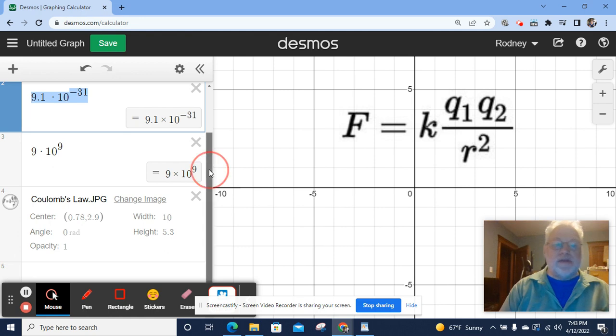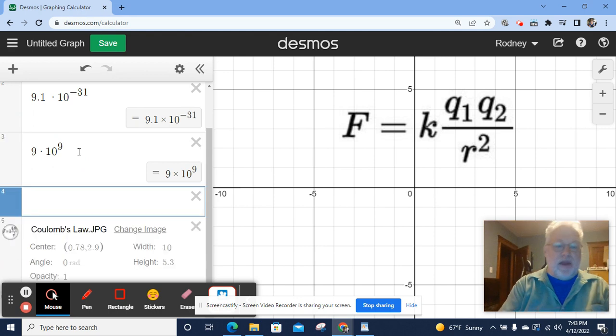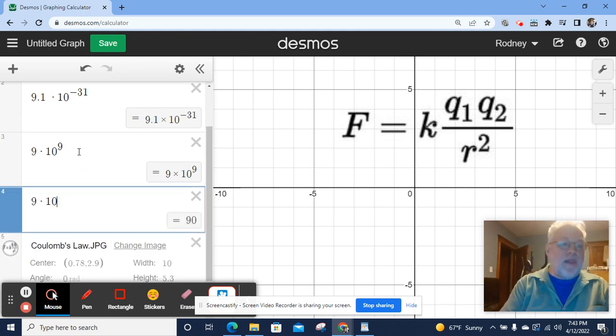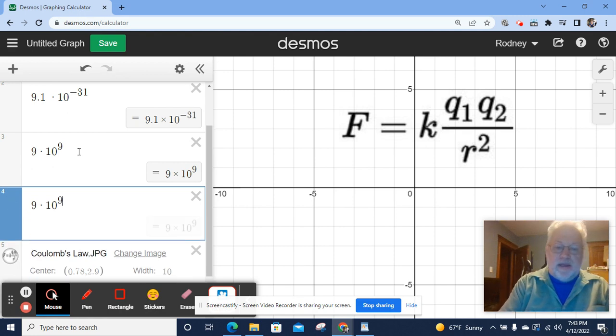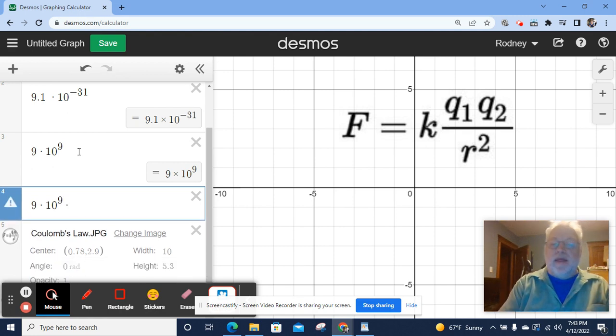So here is how we set up the equation. K is going to be this 9 billion number, but I'm going to write it as 9 times 10 to the ninth power. Then the charge of an electron is -1. The charge of a proton is +1.